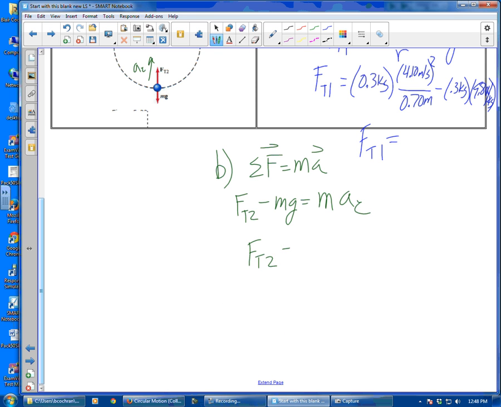But if you notice, this time they end up adding together rather than subtracting like last time because of the change in direction of the tension and the change in direction of the acceleration.